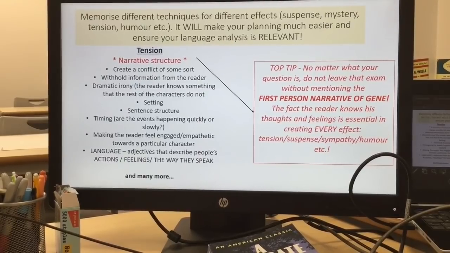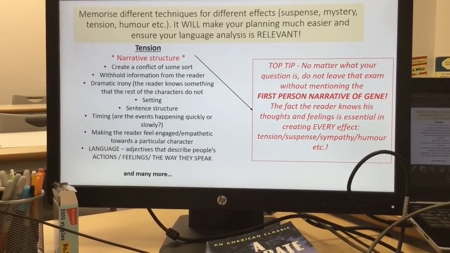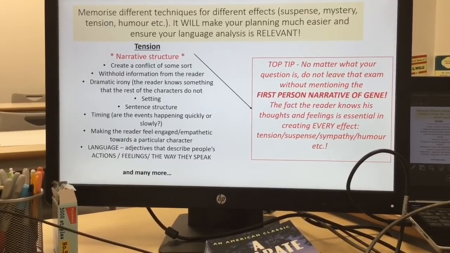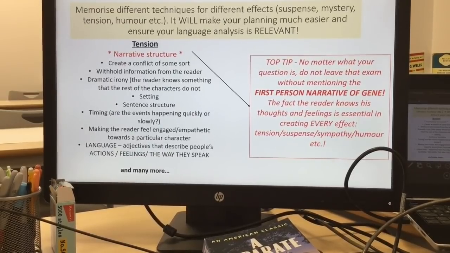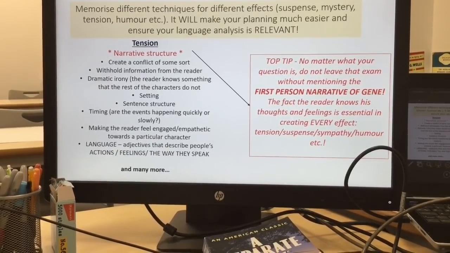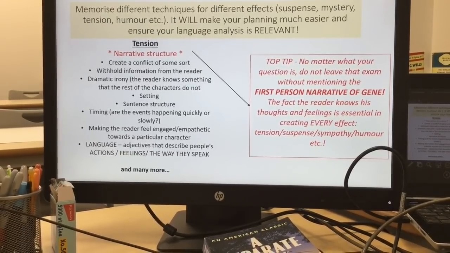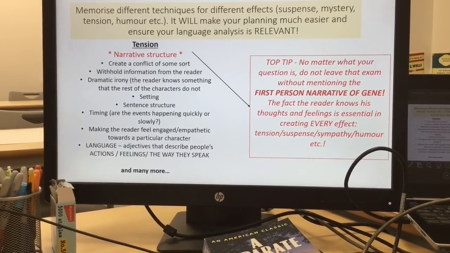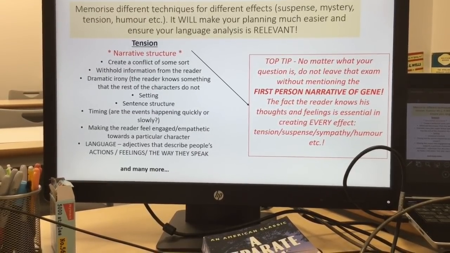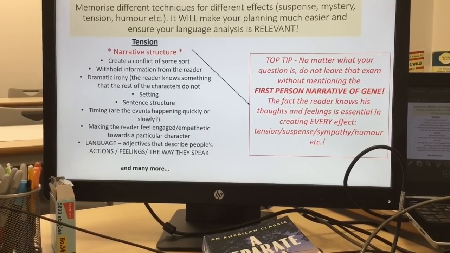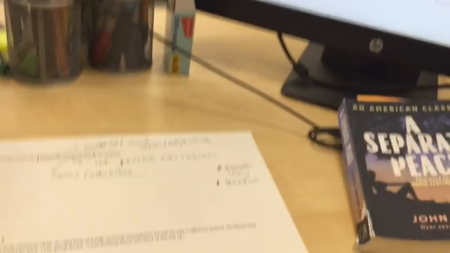Actually, no matter what the effect is tomorrow, you know that the first person narration of Jean is really important in creating suspense, sympathy, humour, no matter what, because we have an insight into his thoughts and feelings, and therefore we as a reader feel closer to him and these emotions are heightened. You might also talk about dramatic irony, sentence structure if it's important, and obviously don't forget about language as well. So make sure you have those techniques in your head when you go into that exam.